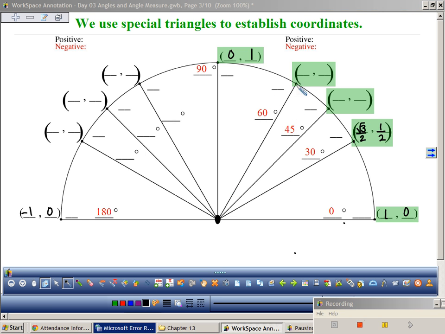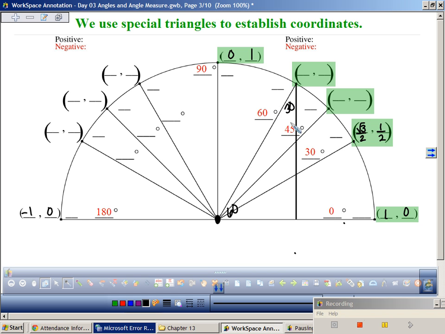Now it looks like this. And my 60-degree angle is here, and my 30-degree angle is here. Therefore, this would be what? Root 3 over 2, and this one would be 1/2. So I would go 1/2 on the x and root 3 over 2 on the y.